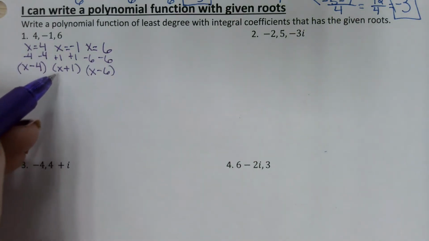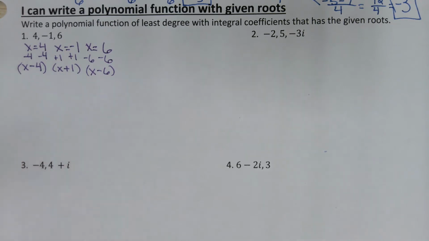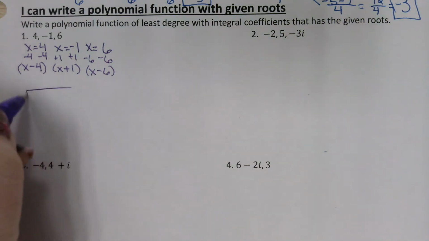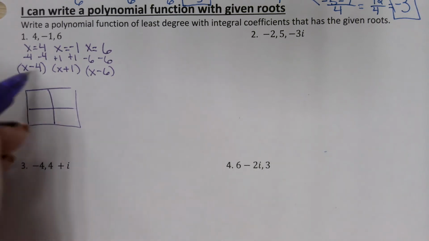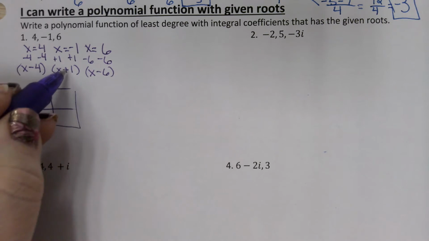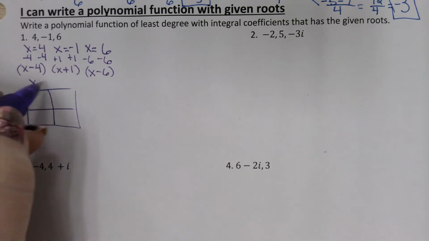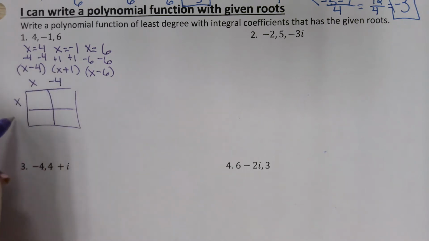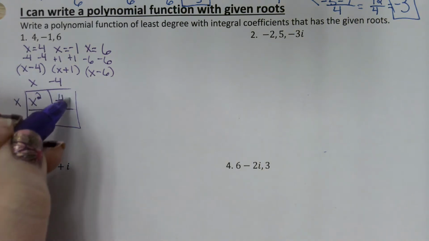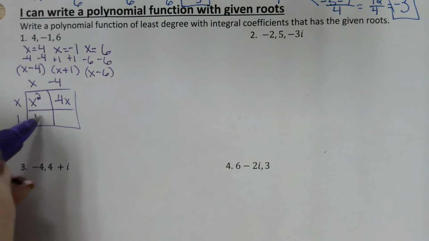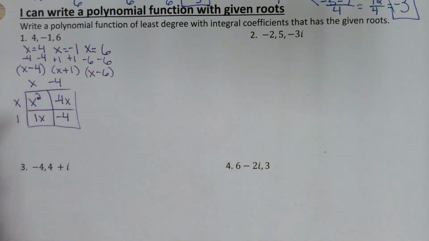Next, you are going to just multiply. That's partly why we did that first polynomial operations standard, because we practiced multiplying. So I'm going to multiply the first two factors together, x minus 4, x plus 1, and I get x squared minus 4x, 1x, and -4.